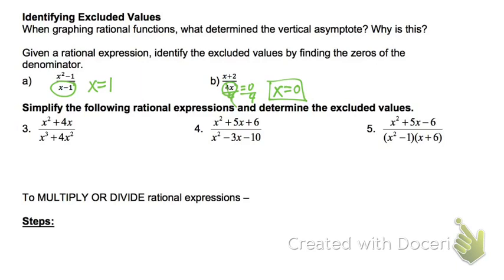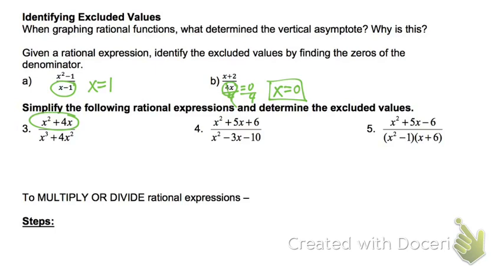Okay, so we're going to look at a few examples before we start multiplying and dividing. For number 3, I want to look at the top, and first pull out a greatest common factor, and then factor if I need to. So for the top, what can I pull out? So what do they have in common? I'm just looking at the top right now.